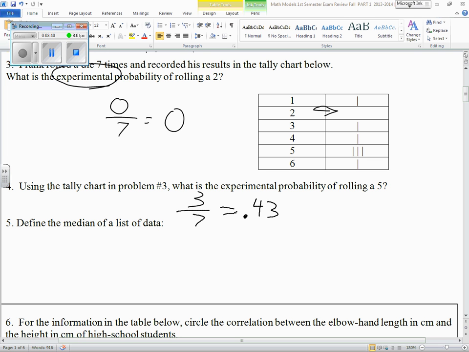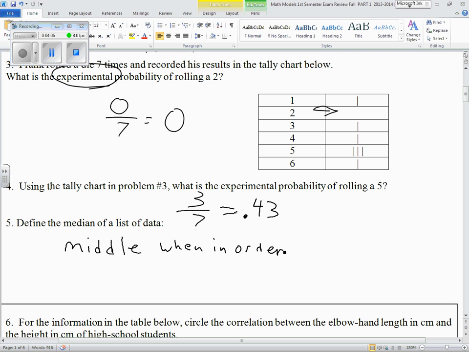All right, define the median of a list of data. What's the definition of a median? Middle. When? It's not always the middle. Sort of. The numbers have to be what? They have to be arranged in order. Middle, when they are in order.